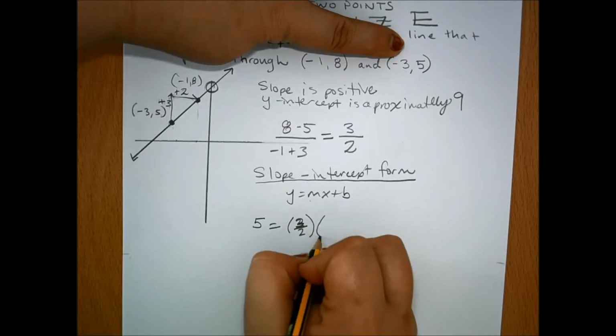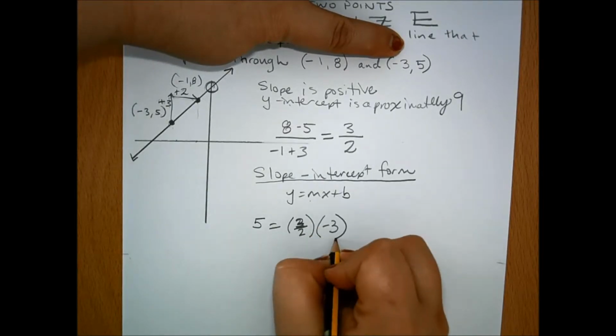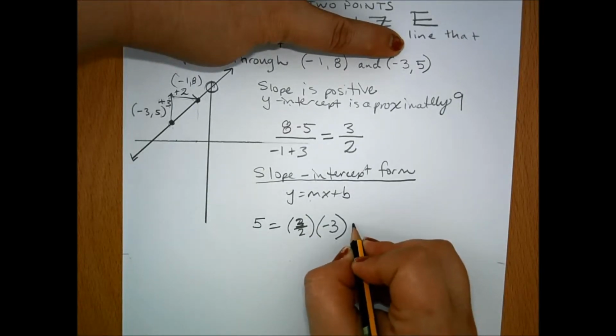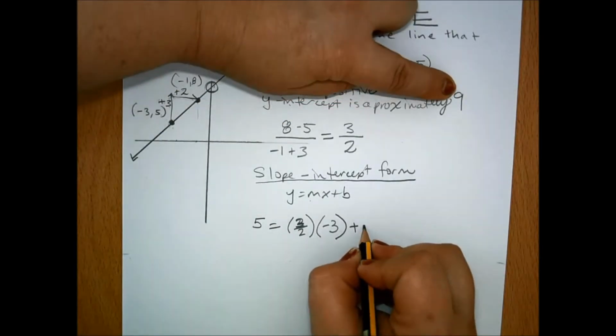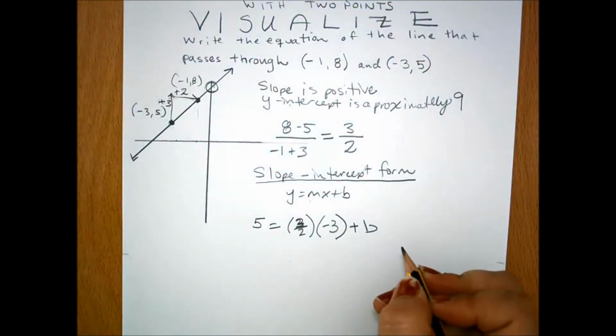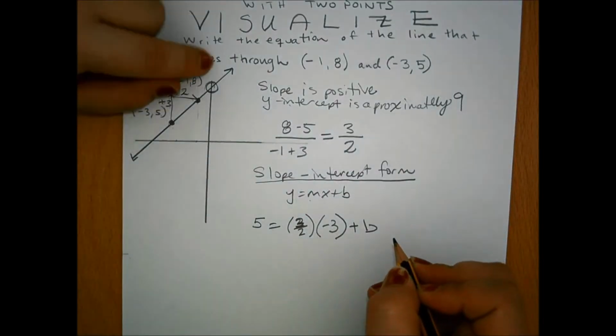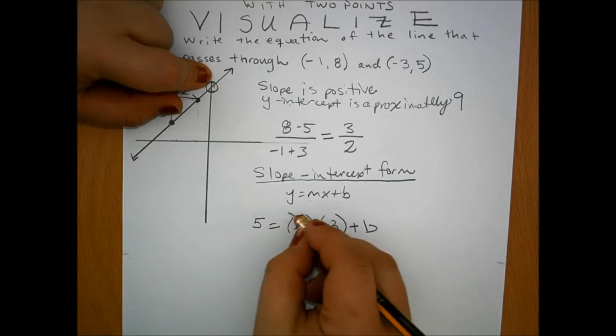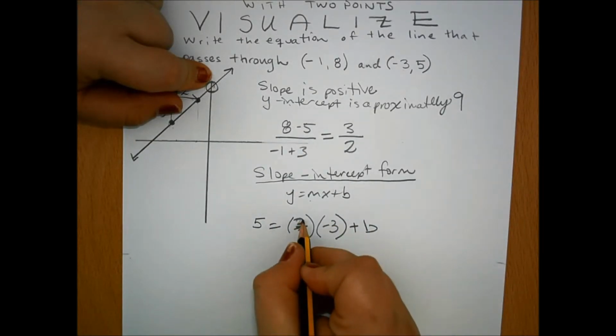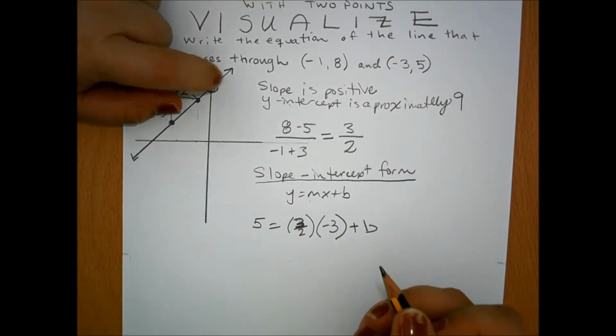Substitute in the slope, substitute in an input. Now, do not use 9. 9 was an approximation that we can use to check our work at the end. We have to use the actual y-intercept in our equation. This is just an estimate.